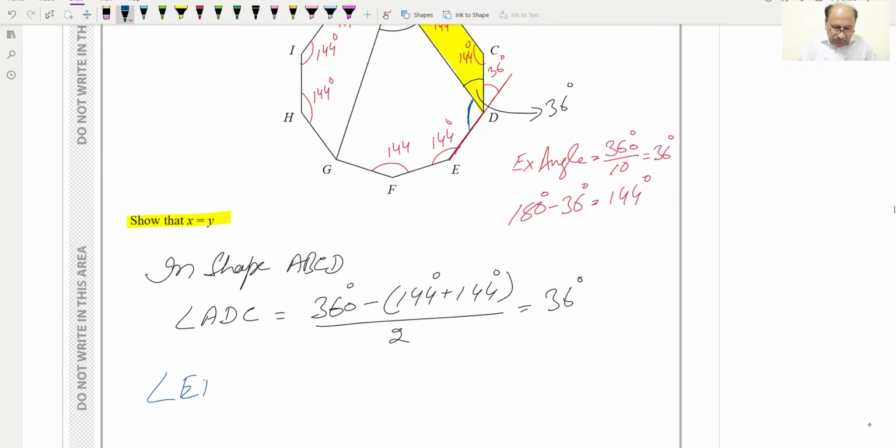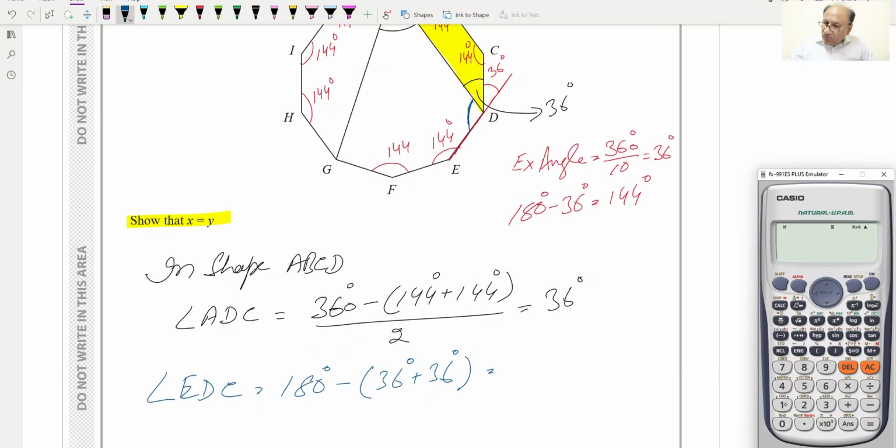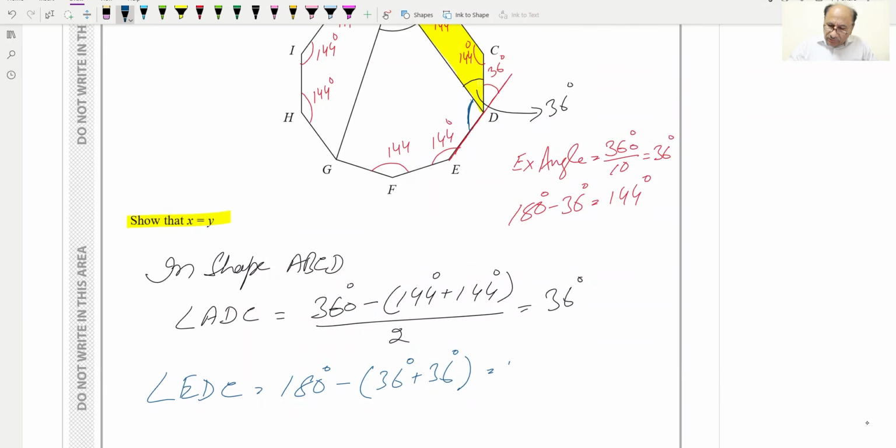Angle EDC will be equal to 180 degrees minus 36 plus 36, since ED is a straight line. So 180 minus, this will be 36 plus 36, which is equal to 108.